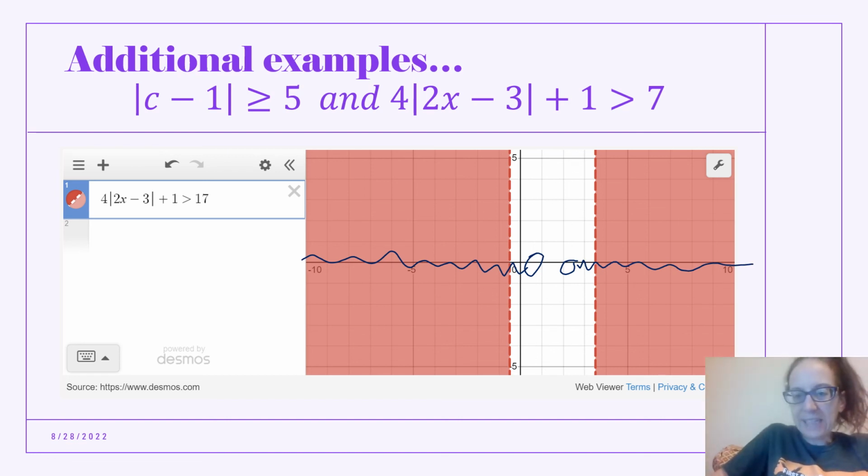And I can't see exactly where that is. 7/2 is like 3.5. 16 plus 3, 19 divided by, you know what, never mind. Oh, it's 8.